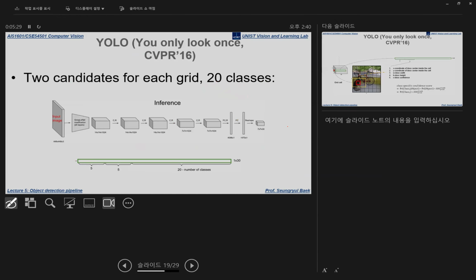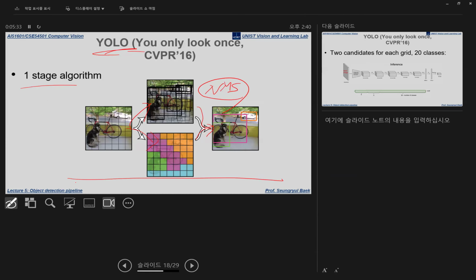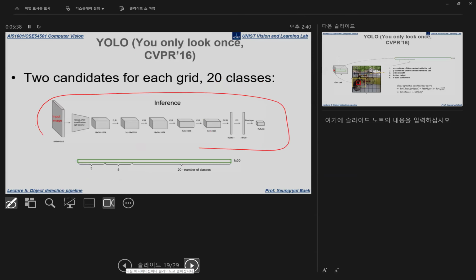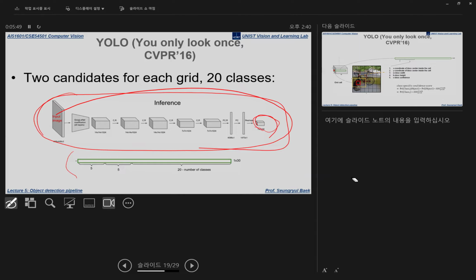And this is the YOLO architecture. Even though the pipeline could be summarized like this, what they actually do is train this entire architecture. Their output is a 7 by 7 by 30 dimensional array, because the 30 dimensions represent two bounding boxes' information and the probability for each region.